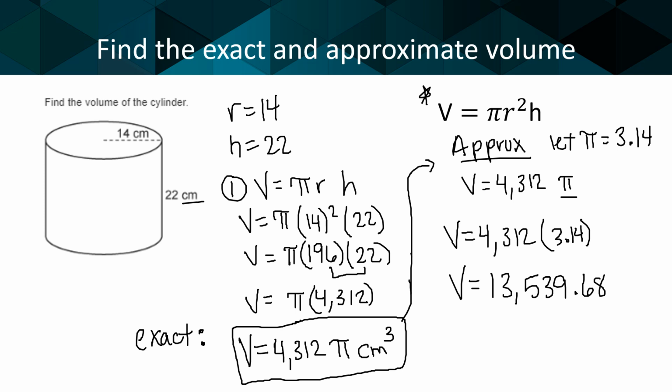All right, no rounding necessary because we're in the hundredths place. And then this is going to be centimeters cubed, just like it was in our exact answer. Don't forget to circle your answer. Make your teacher happy.